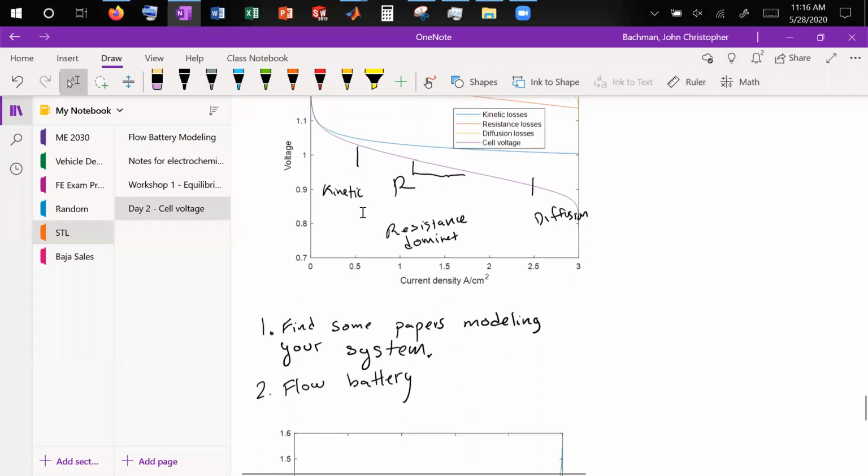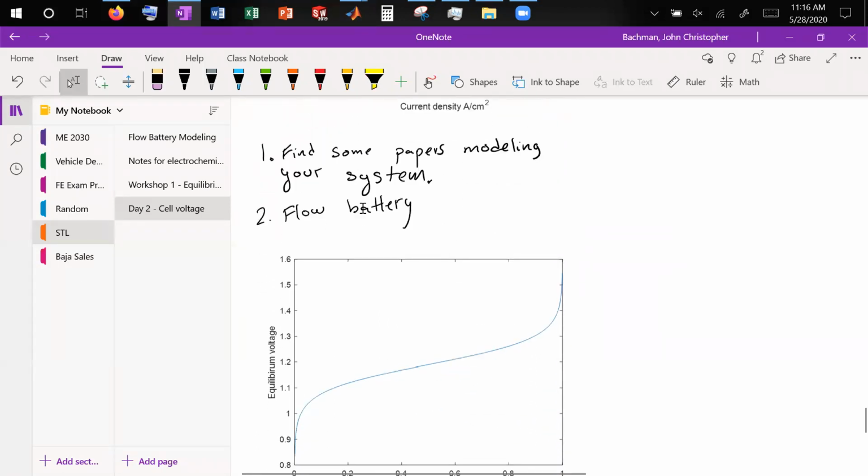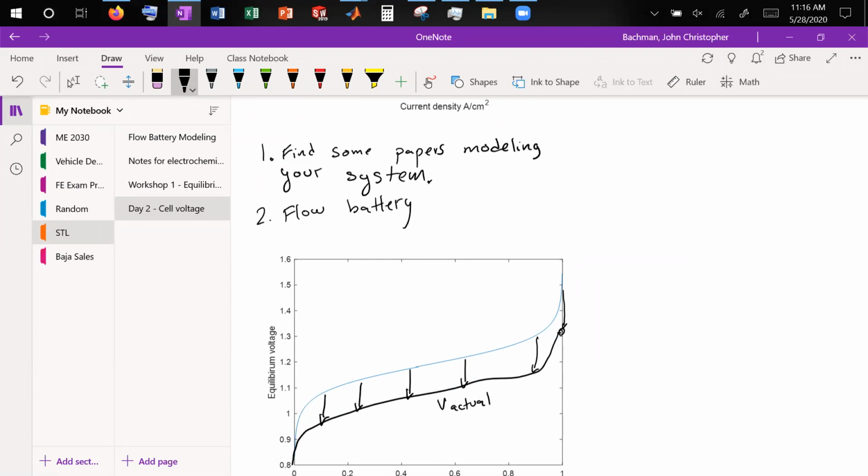So maybe that's 0.22. As you ran the cell, you'd have a constant offset in your voltage during the discharge curve. So this would be V actual now, your actual voltage.